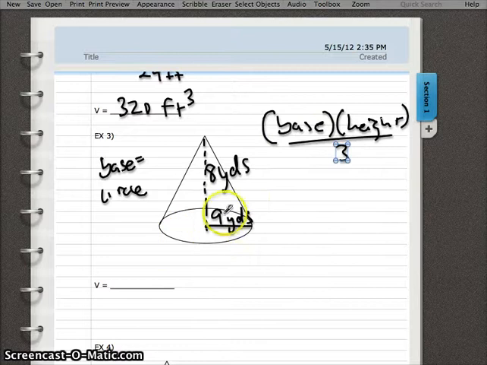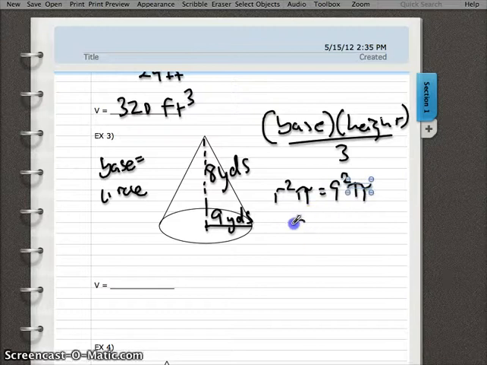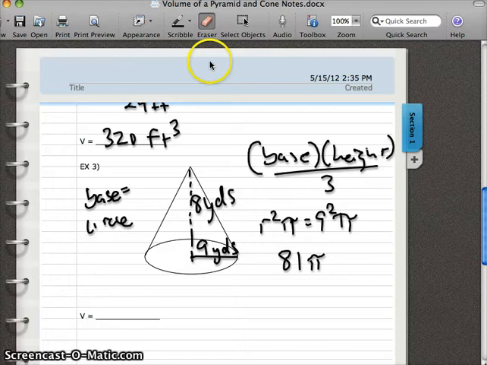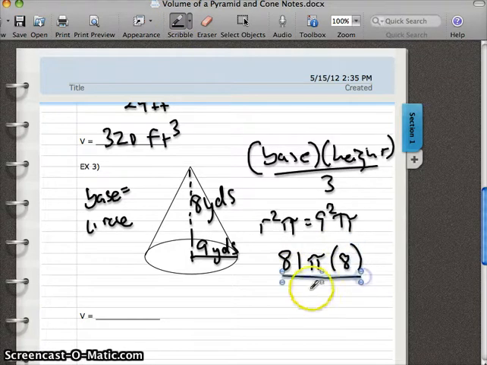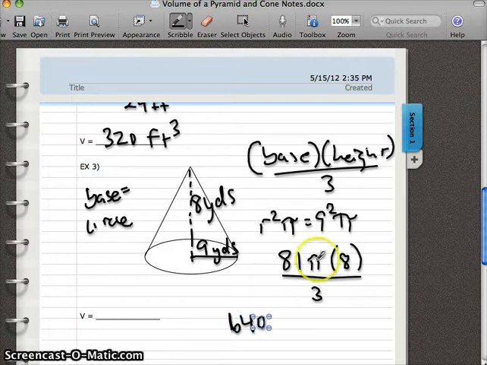So the area of the circle is the base, r squared times pi, which would be 9 squared times pi. 9 times 9 is 81. We'll keep it in pi form for now. You're going to multiply by the height, which is 8, and we're going to divide by 3. We can multiply the top in our heads. 80 times 8 is 640. Well, and then 1 times 8 is 8, so 648 pi divided by 3.